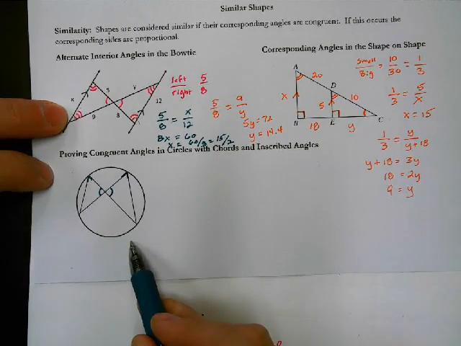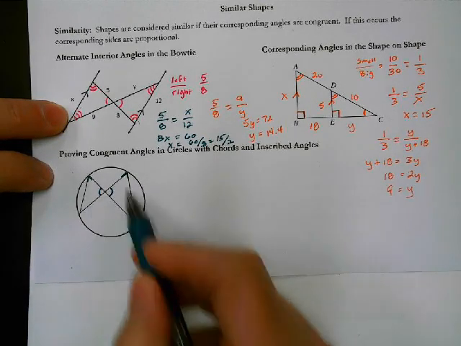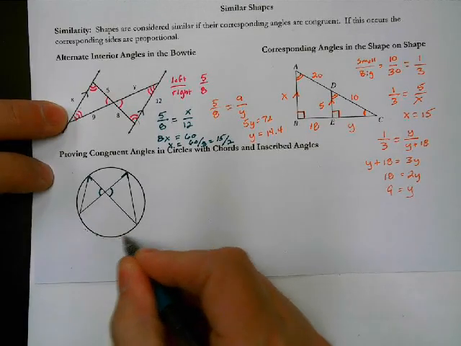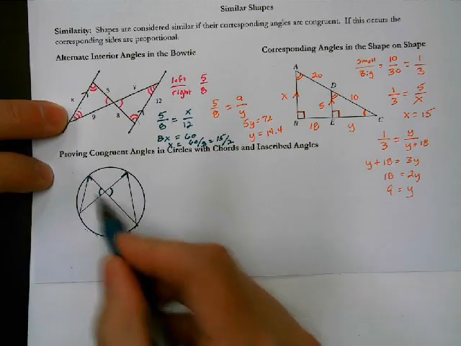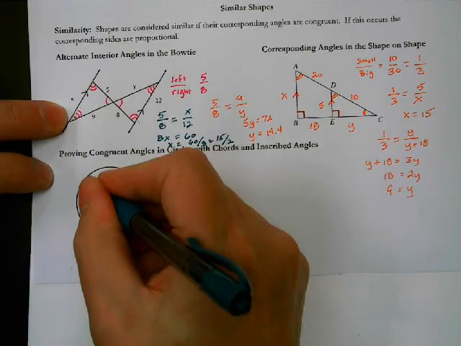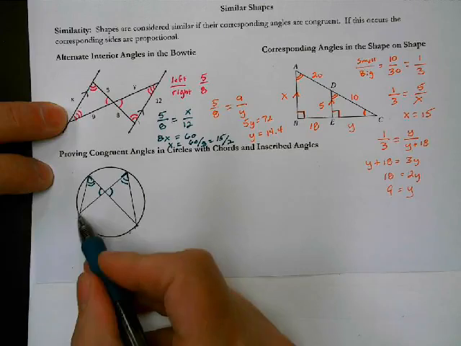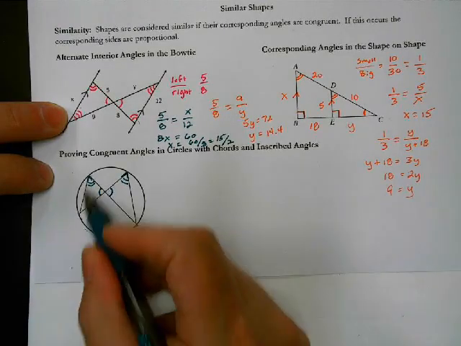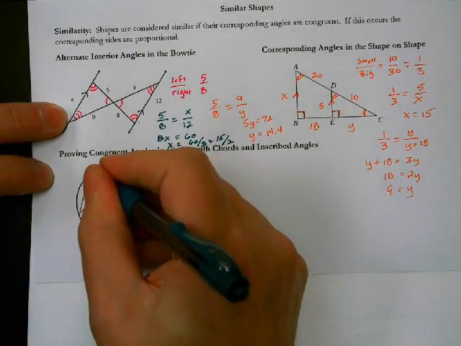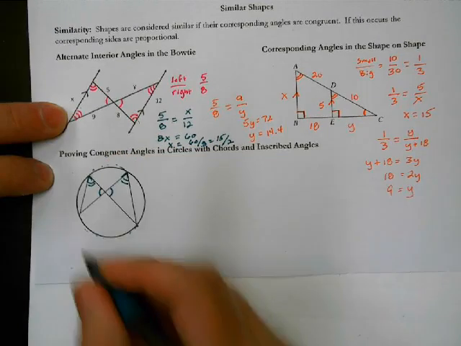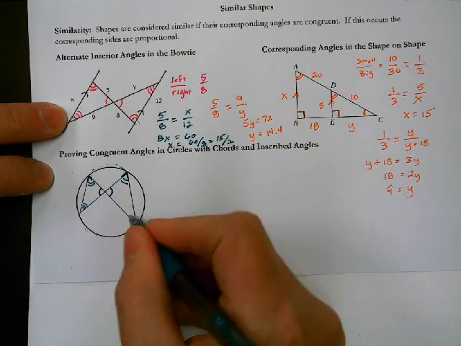Since this angle covers this part of the circle down here, and this angle also covers that same section, these two angles are congruent to each other. And these other two inscribed angles, if you follow them out, they both cover this top part of the circle here. So this angle here is the same as this angle here.